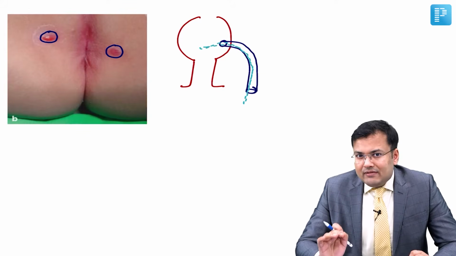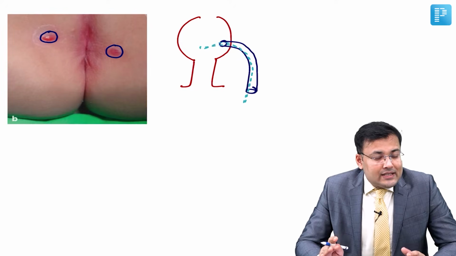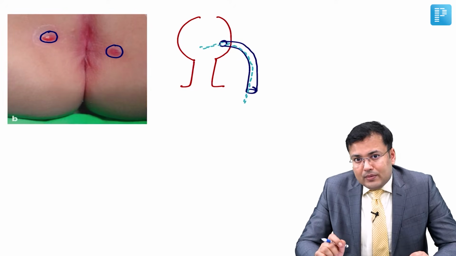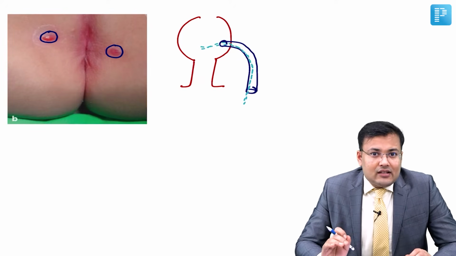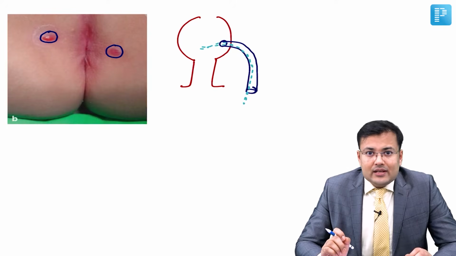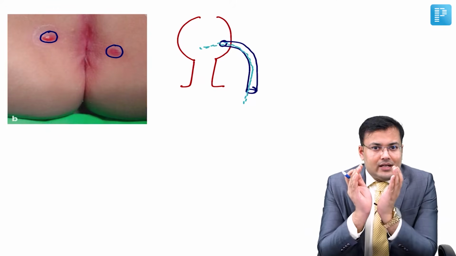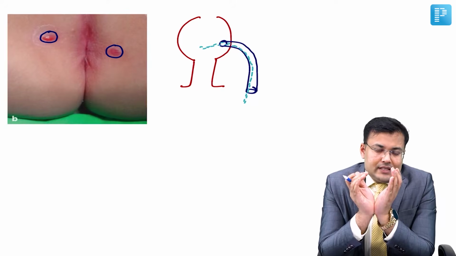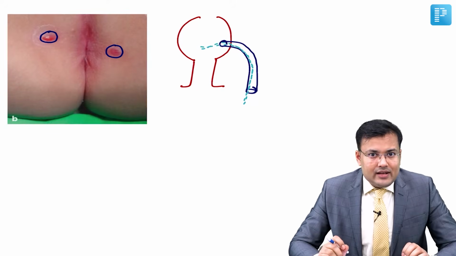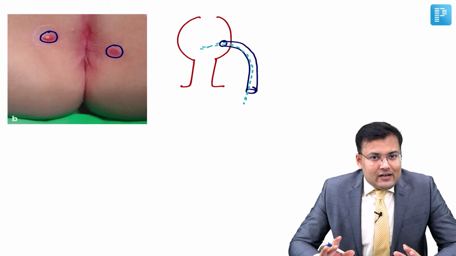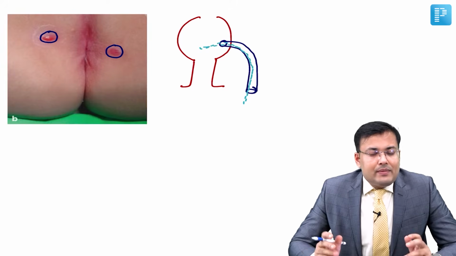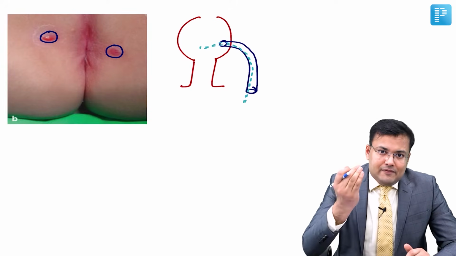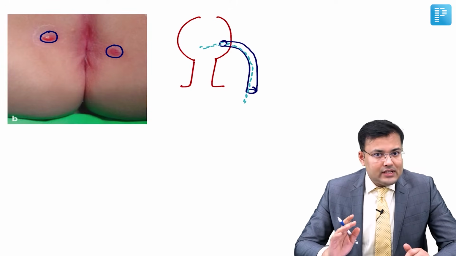So whenever a patient gives this history that he passes feces and flatus from the external opening, you should understand that the internal opening is in the rectum. Why? Rectum is the fecal reservoir. Clear? In the anal canal, fecal matter is not there. Whenever the patient is going for defecation, then only fecal matter comes. Okay, so these are the special points.